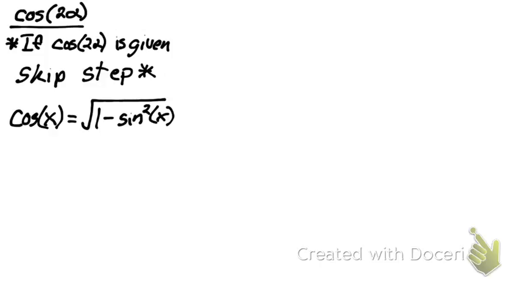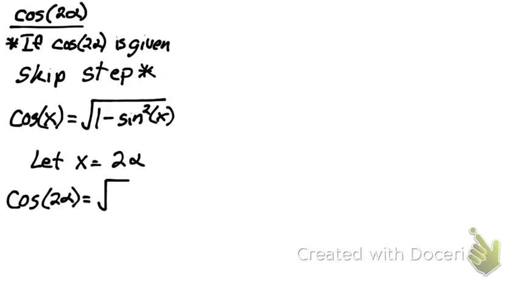But I'm looking for 2 alpha, so I'm going to let x equal 2 alpha just to help me in the problem. That just means that cosine of 2 alpha is going to equal the square root of 1 minus sine squared 2 alpha.